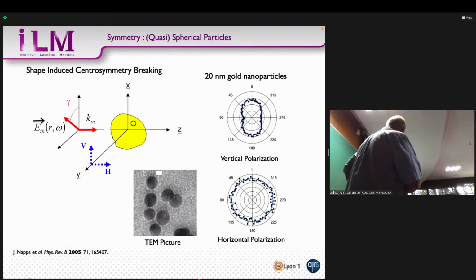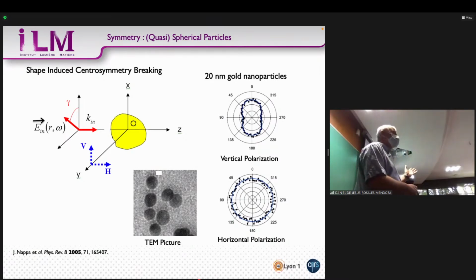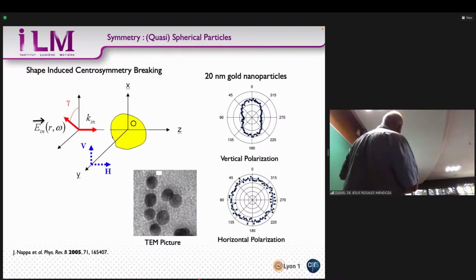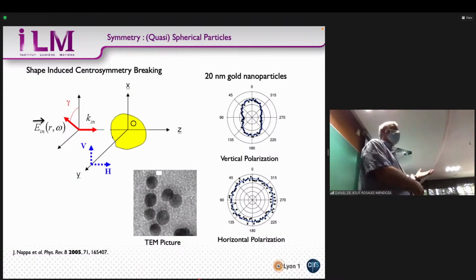But you see here on the TEM picture, they're close to spherical, but maybe not exactly perfectly spherical. And what we get with this polarization analysis, these two graphs, is exactly what I was observing for molecules. Therefore, a tiny particle of gold behaves just like a molecule.